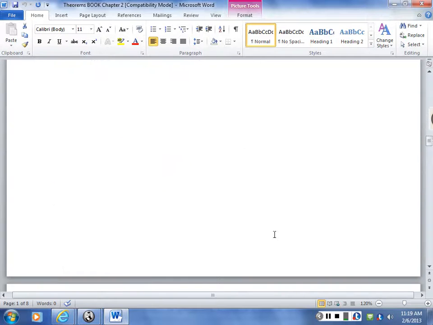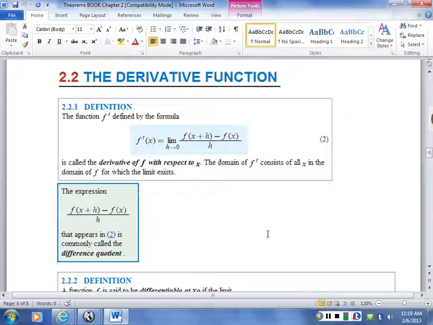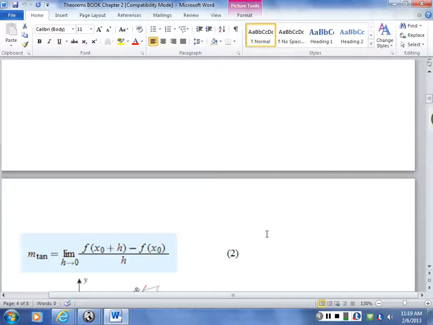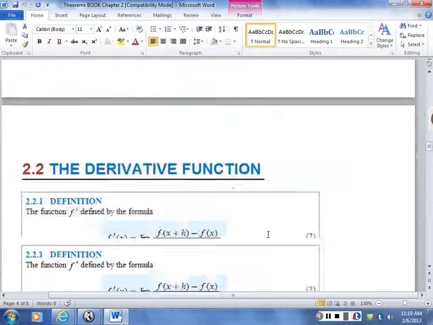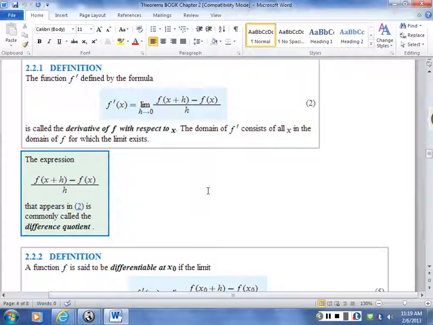Okay, so just to reiterate, the definition of the derivative, oops, I tried to zoom in too much there. The definition of the derivative, so this notation, f prime of x, is denoted as a derivative of a function. This is the derivative of function f with respect to x.